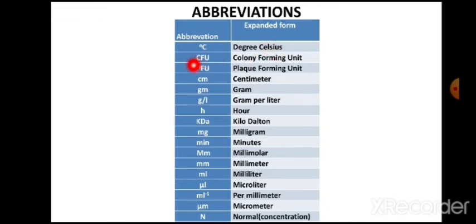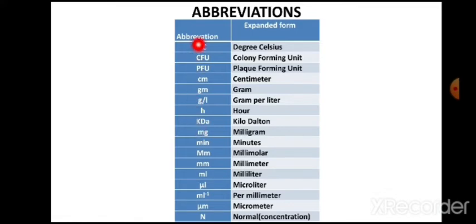This short form CFU is for colony forming unit. PFU is for plaque forming unit. CM is for centimeter, and so on and so forth. G/L is gram per liter. So whatever the units, SI units, standard international units, which you have written in your project work, you need to decode them.